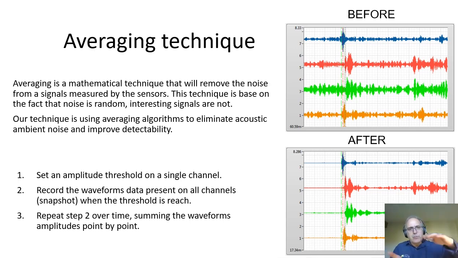But if you make many measurements, if you are acquiring lots of samples over time, you add them together and you divide by the number of samples that you are acquiring, the random noise will get down to zero because it's random.